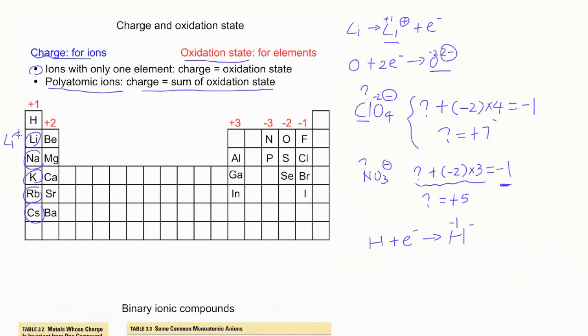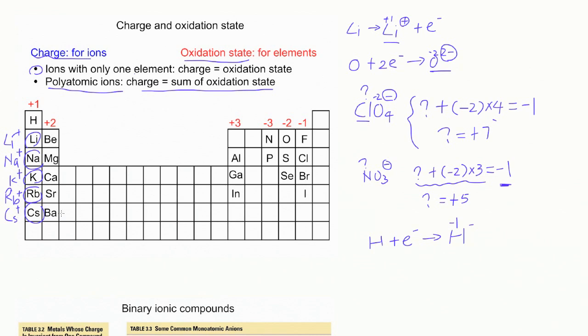Lithium plus, sodium plus, potassium plus, rubidium plus, and cesium plus. So for all of these 5 ions, the oxidation state is always positive 1.